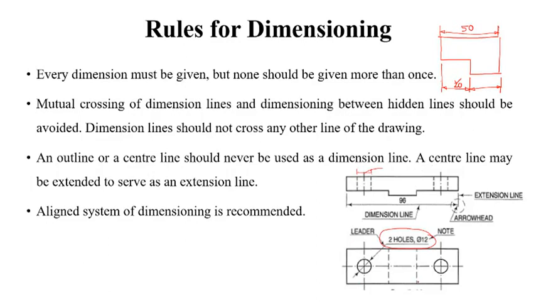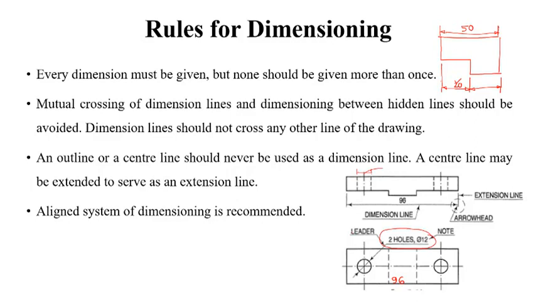Like this is your outline, so you cannot write here this is equal to 96. This is not correct. Rather you have to give a dimension line plus the extension line, then only you can provide the dimension figure. A center line may be extended in some cases to serve as an extension line. तो कभी कभी हम लोग क्या करेंगे, center line को extend करके that center line can be used as the extension line.